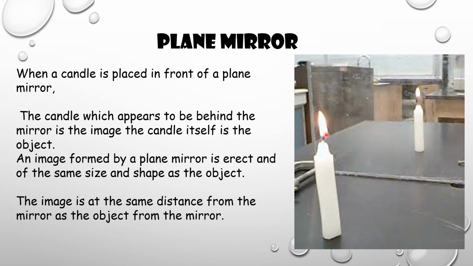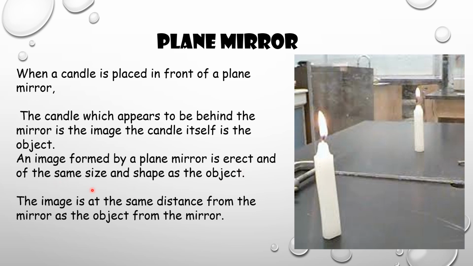So this is the real object and this is the image. An image formed by a plane mirror is erect. See here, the flame is up and this part is down. Same here also, the flame is up and this part is down, and this is called erect.